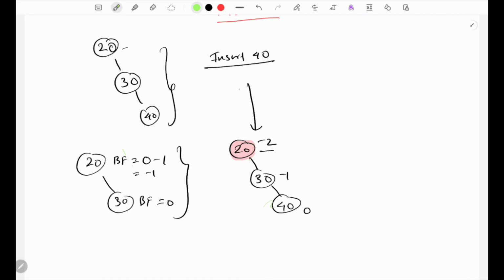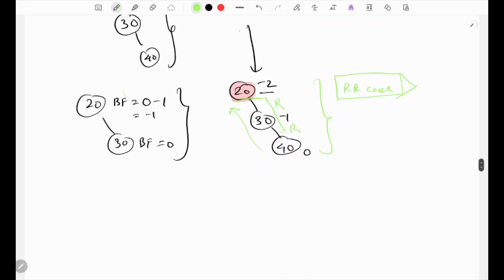So what we will do is traverse upwards from the newly inserted node till we find a node which has an abnormal balancing factor. Here it is 20. After finding 20, we will traverse downwards towards the newly inserted node, that is 40, and capture the first two movements. This is the first movement R, this is the R. So this is an RR case.